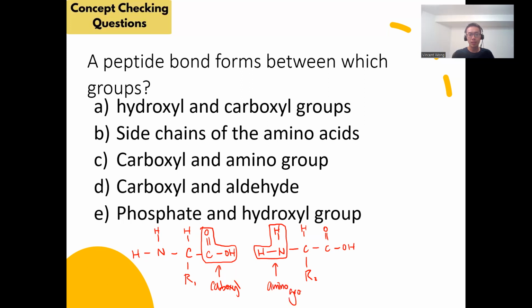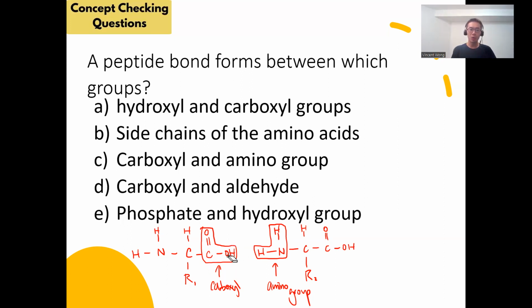Amino group. And so to connect the two amino acids together to form a bond, you will need to do dehydration synthesis, right? You should be familiar with this concept now, because dehydration synthesis is the process that we connect anything in macromolecules, right?